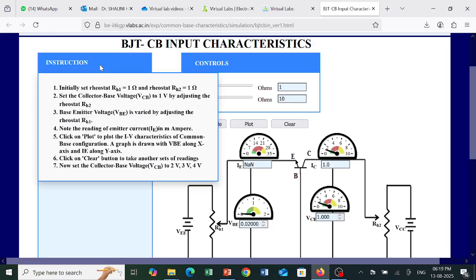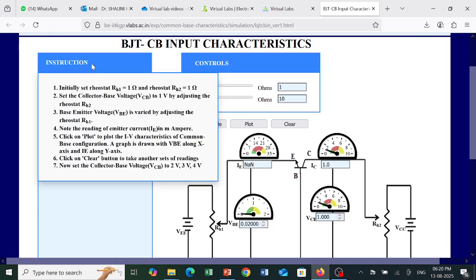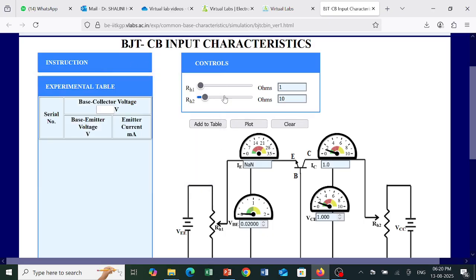Now we are going to tabulate VBE and take down the reading of IE. VBE can be controlled by using the rheostat RH2.